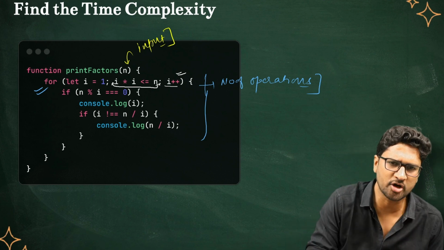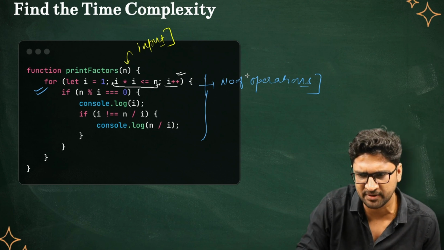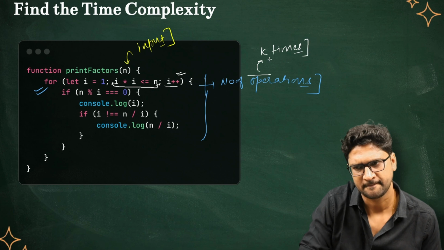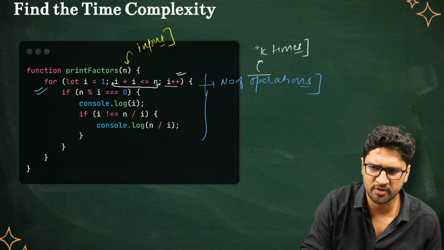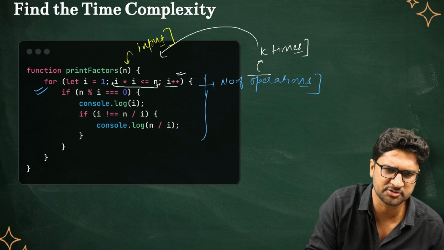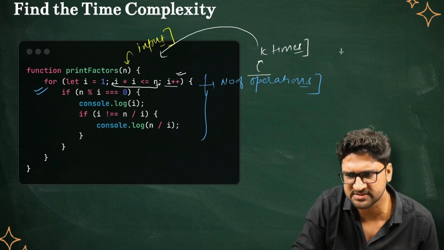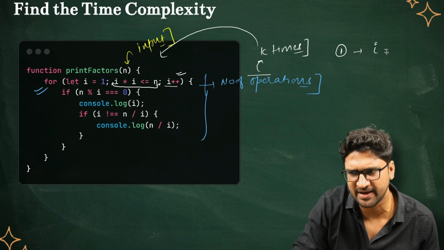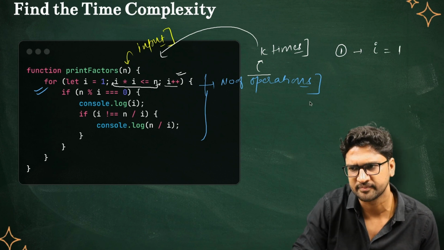Any time you are not very sure how many times the operation will happen, you assume a number, let's say that it will run for k times. Ultimately I have to find k in terms of n. So let's say the first time when the loop is running, what is the value of i? The value of i is equal to 1.